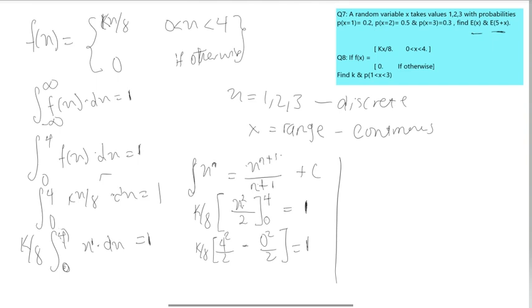So 4 squared is 16, and 16 over 2 gives us 8. Then 0 squared is 0, and 0 over 2 is 0. So we have k over 8 times 8 equal to 1. The 8 cancels the 8, so k is equal to 1.